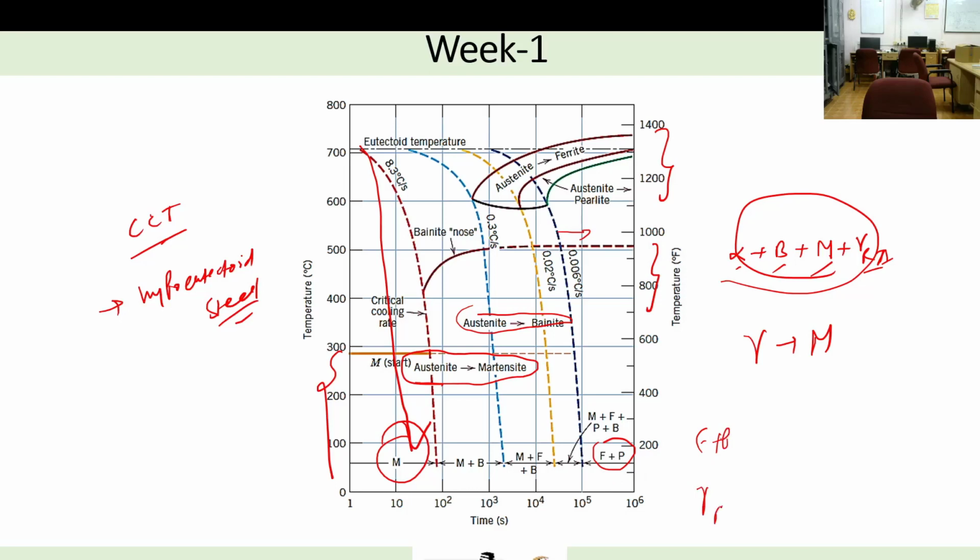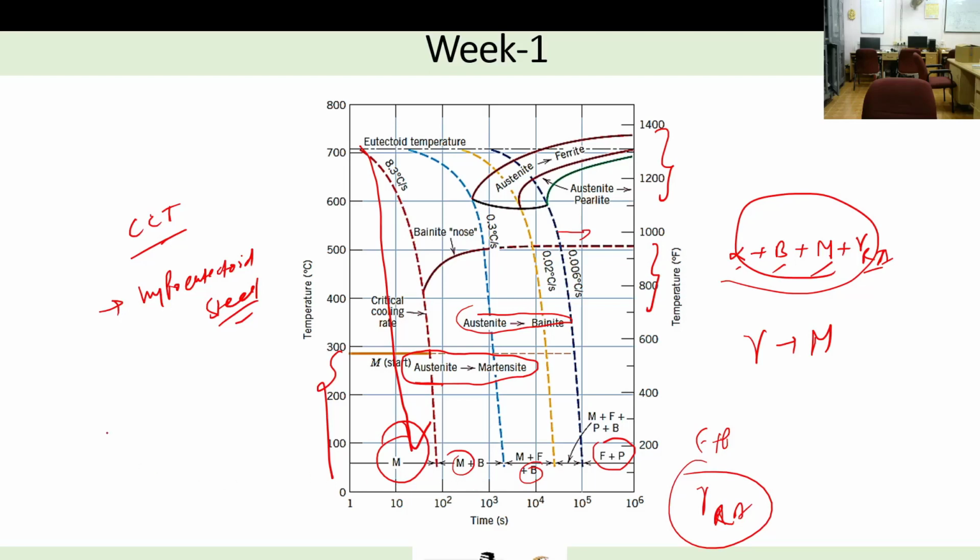Whenever you are forming bainite or martensite, there will be some retained austenite. There is nothing like complete martensite transformation. To get that, you have to cool it to a very low temperature, in general to subzero temperatures.